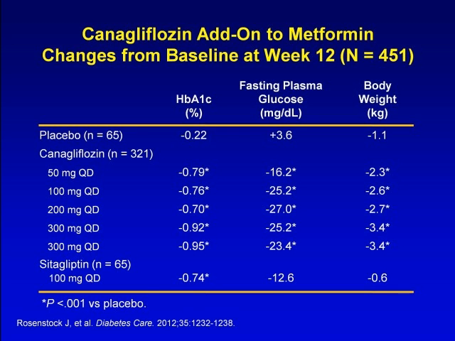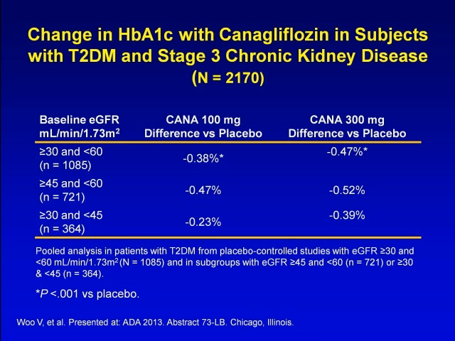So it seems from this that canagliflozin was certainly better than placebo and maybe better than sitagliptin in terms of reducing A1C, fasting glucose, and also causing some degree of weight loss, which could be an advantage in obese patients with type 2 diabetes.